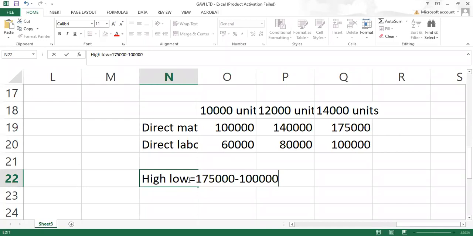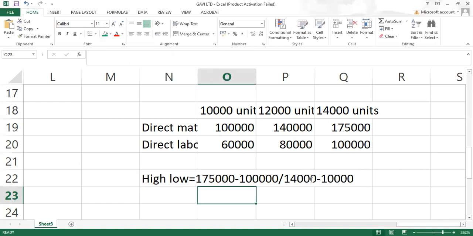So divided by, what is the highest activity level? 14,000 minus the lowest activity level, 10,000. So this is what we call the high-low method. We take the cost for the highest activity level minus the cost for the lowest activity level, all divided by the highest activity level minus the lowest activity level.